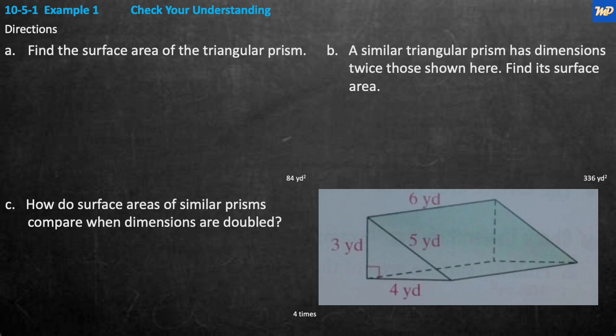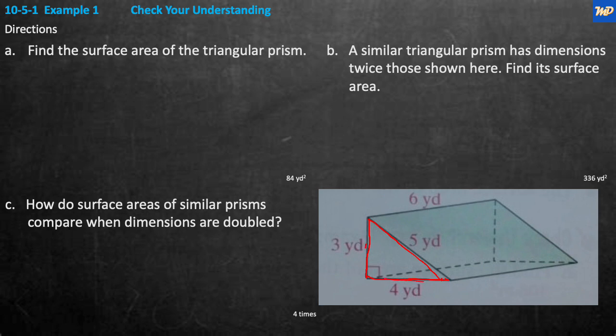Okay, I assume you're back. So first off, let's get the area of the triangular areas. The triangular areas are these here. And we know that the formula for a triangle, as I'm drawing this, is 1/2 the base times the height. Okay? And the base in this case is 4 and the height is 3.